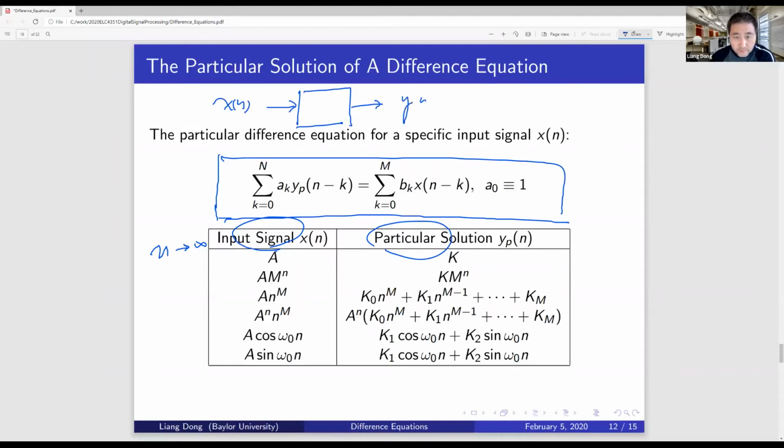So this is y[n]. At the beginning, since from 0 at the beginning, the output will go through a transition due to some of the feedback of my system. After a long while, it will be pushed or determined only by the variations of the input. Let me give you an example.